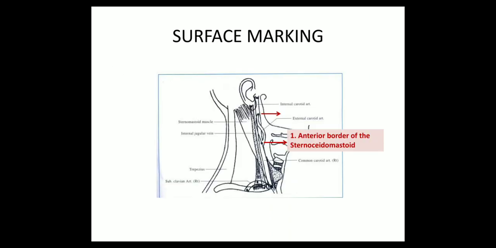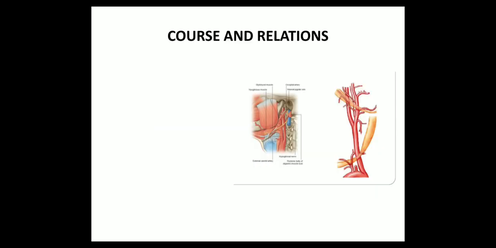The first point is on the anterior border of the sternocleidomastoid muscle at the level of upper border of the lamina of the thyroid cartilage, and the second point is on the posterior border of the neck of the mandible. Joining these points by italic F-shaped double lines, which are gently convex forward in the lower part and convex backward in the upper part, represents the external carotid artery.